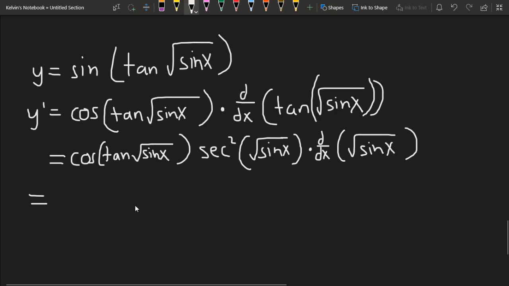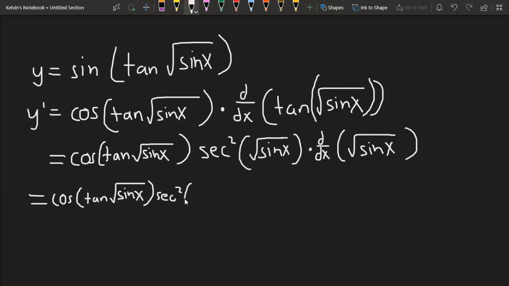And now let's write all of this again. So cosine tangent root sine of x, secant squared root sine of x times ddx of root sine of x. So this is actually the same thing as sine of x to the 1/2.